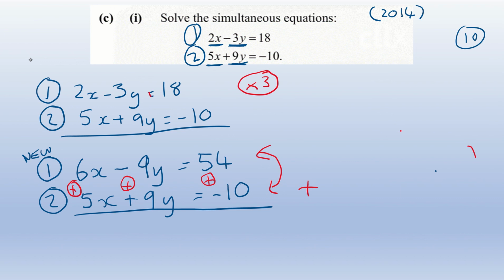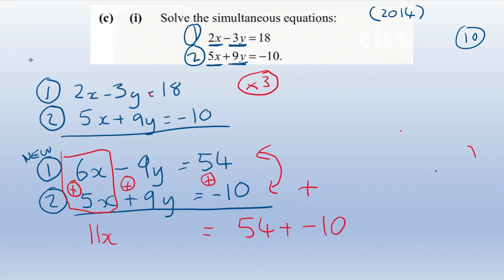So starting with my x's, I have 6x plus 5x, which is 11x. I have minus 9y plus 9y, which is 0, so I'm not going to put that in. And I've got 54 plus minus 10.